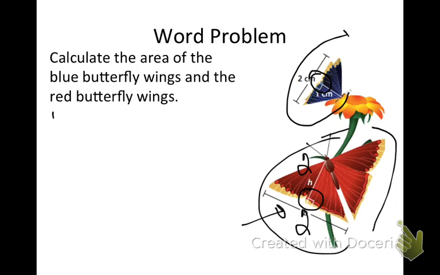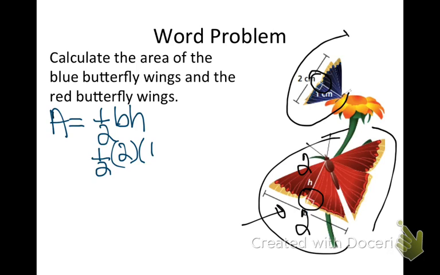So it's going to be area equals 1/2 base times height. In this case, it's 1/2. The base is 2 and the height is 1. So the area of the blue butterfly wing is 1 centimeter squared.